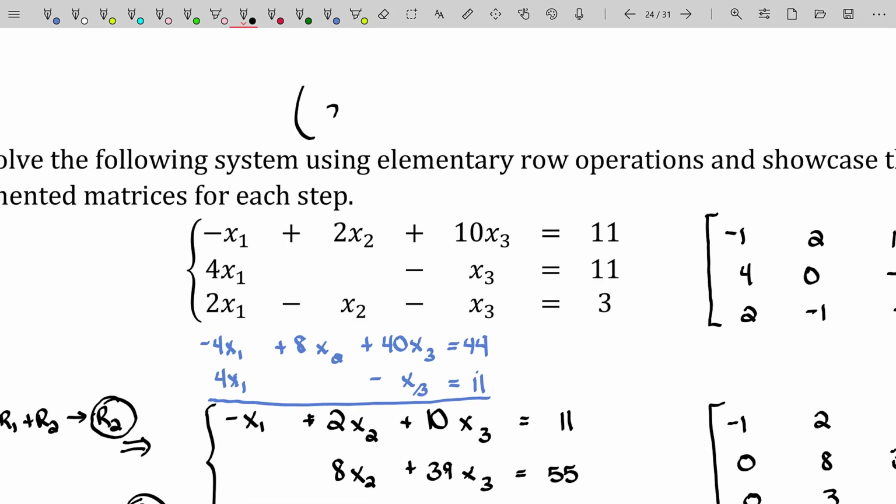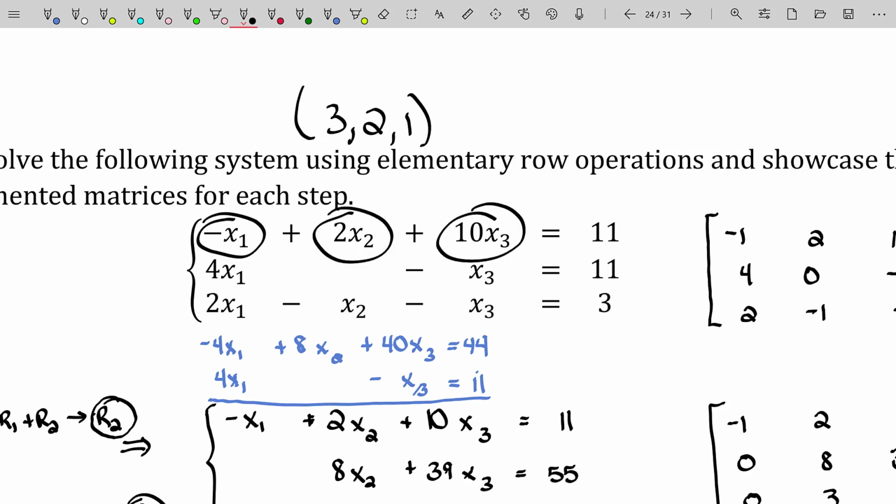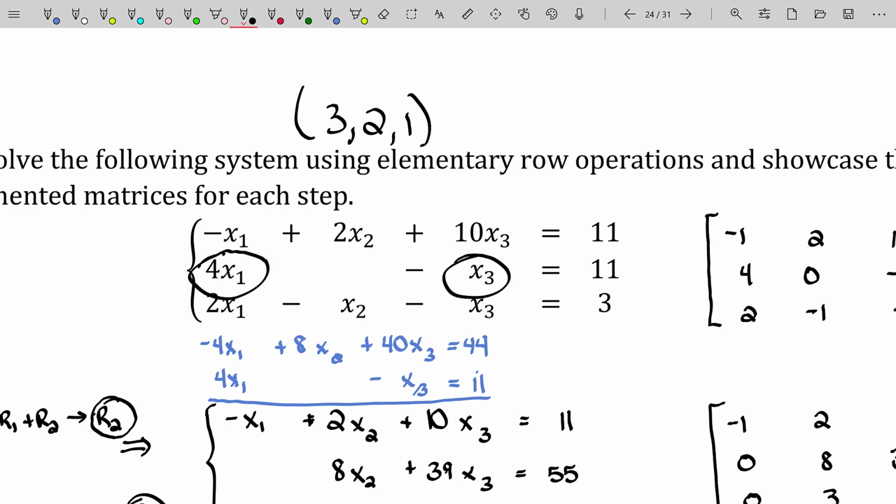Remember, we think the solution is 3, 2, 1. x sub 1 is 3, x sub 2 is 2, x sub 3 is 1. If you verbally check it, -3 plus 4 is 1, plus 10 is 11. That works out. 4 times 3 is 12, minus 1 is 11. That works out as well. And 2 times 3 is 6, minus 2 is 4, minus 1 more is 3. That works out as well.